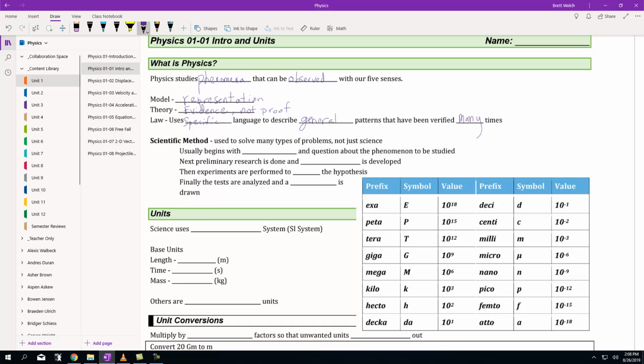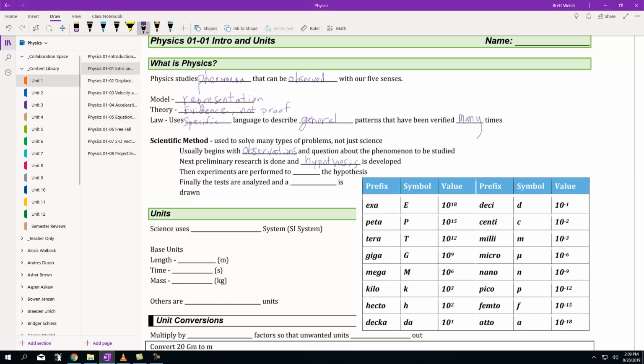Okay, so when we get into the scientific method, typically we're going to begin with observations and questions about the phenomena to be studied. Next, preliminary research is done, and the hypothesis is developed.